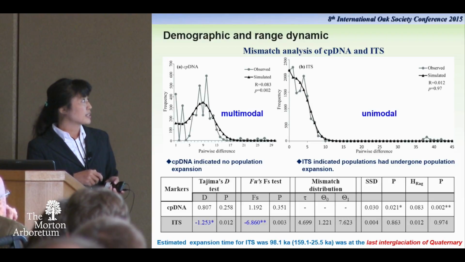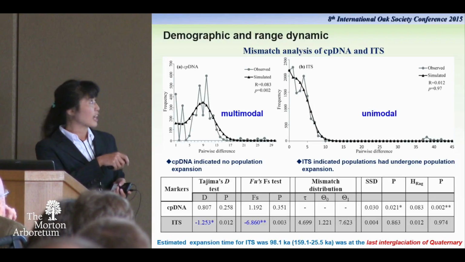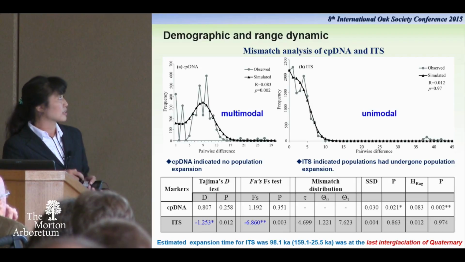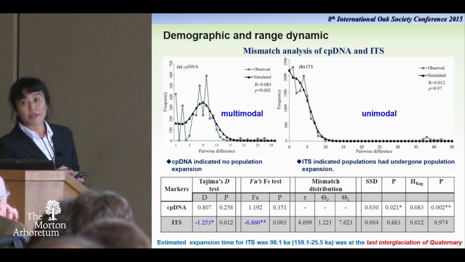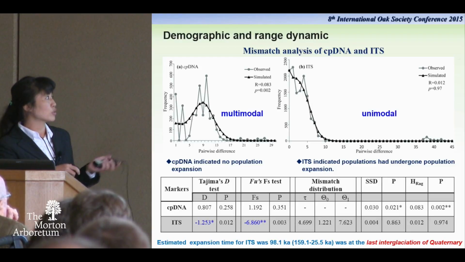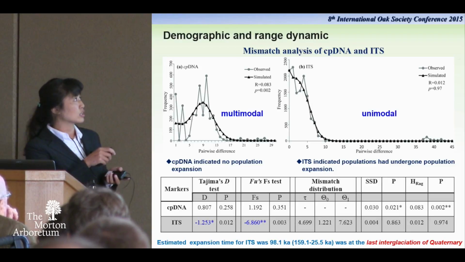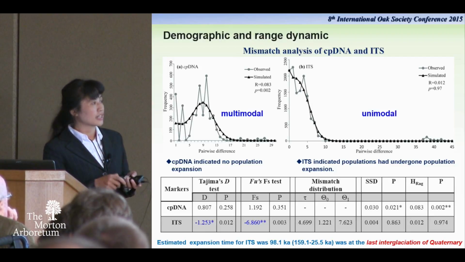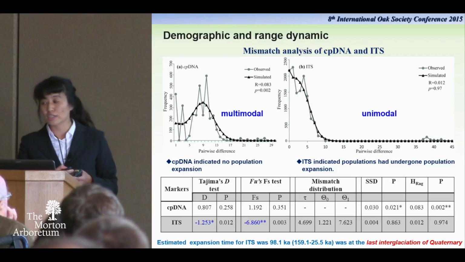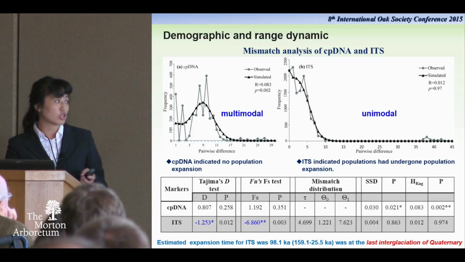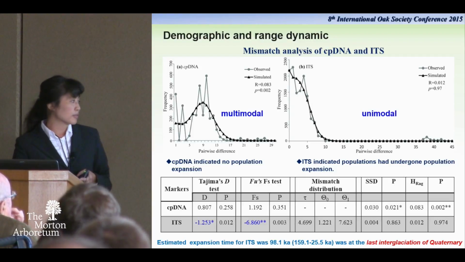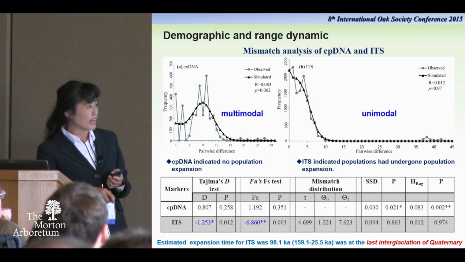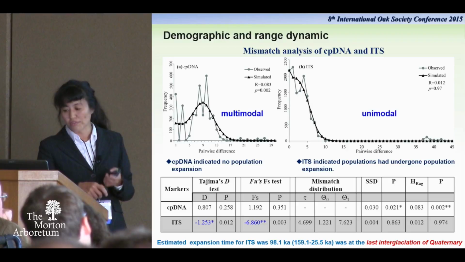The chloroplast DNA showed a structure like a hill, which suggests that no population expansion happened. But the ITS shows a smooth curve, which suggests that it is probably undergoing population expansion. We also made an estimation of the time of the expansion. It looks like the late interglaciation of the Quaternary.